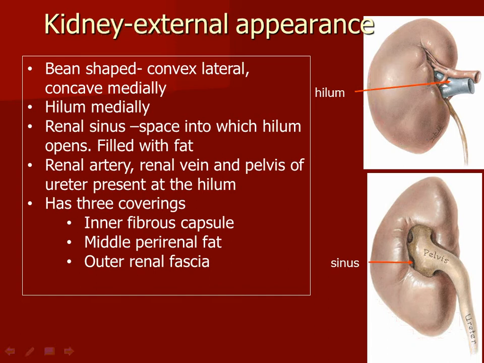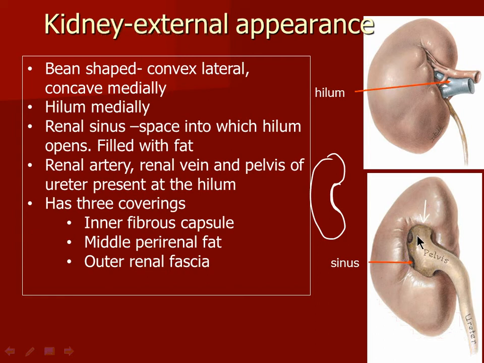If I removed all these structures and looked at the medial surface of the kidney, it is actually kind of indented. If I'm looking at it from the side, this is how it is. This indentation, that space on the medial side, is known as the renal sinus.